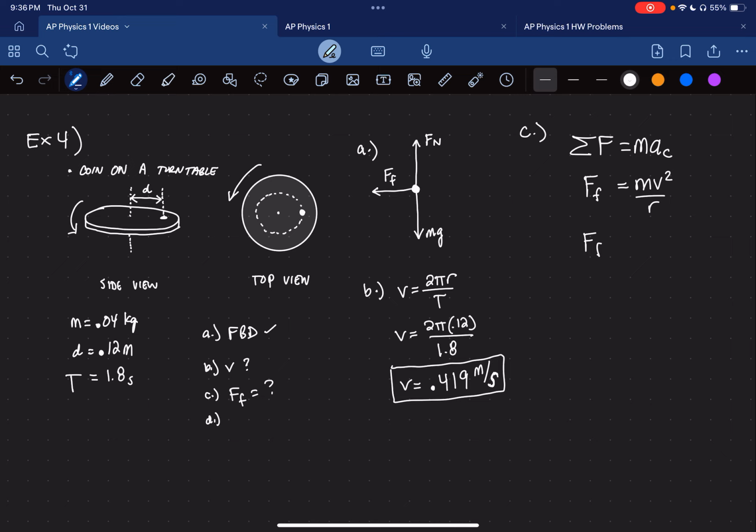And all we have to do is plug in some numbers. The mass of the coin, 0.04. The speed is, as we said, 0.419 squared over the radius, this. So let's square that. Let's multiply by this and divide by that.